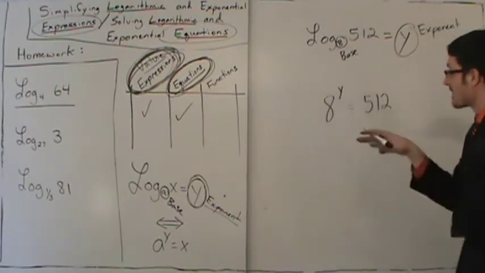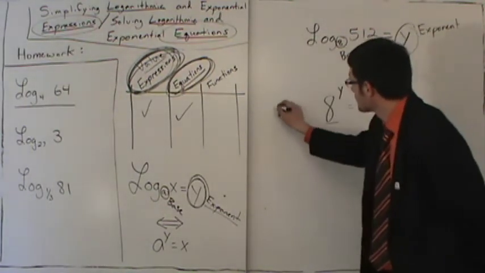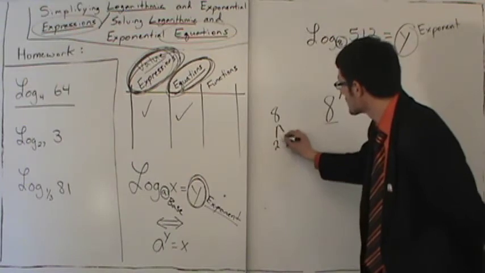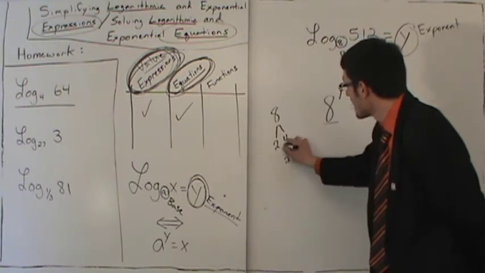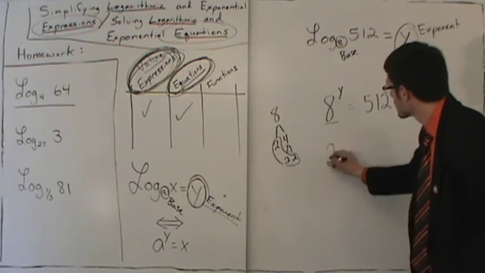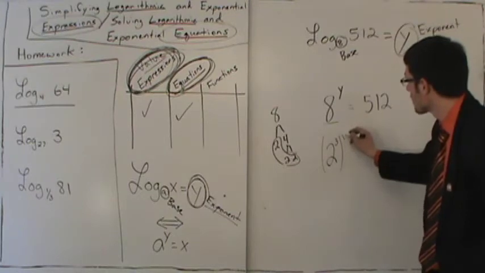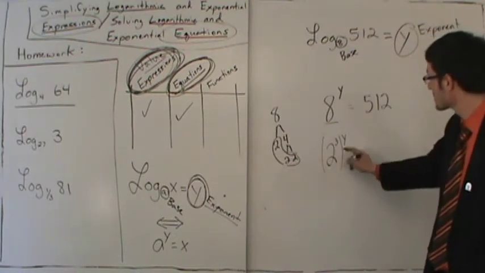And now you just have to factor everything down to the same base. So we're going to take the 8 and break it down to base 2. How many 2's multiply to give 8? There are 3. So we're going to write 8 as 2 to the third. And notice we have a y on the outside. So 2 to the third, to the y power. Put the 2 to the third in parentheses.